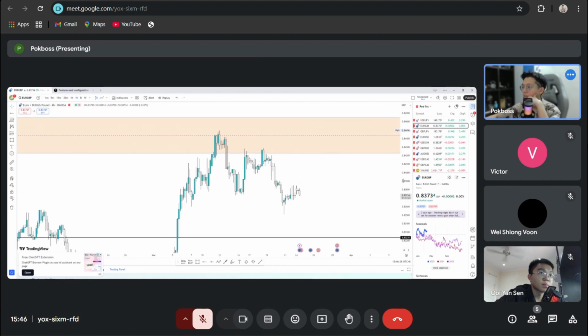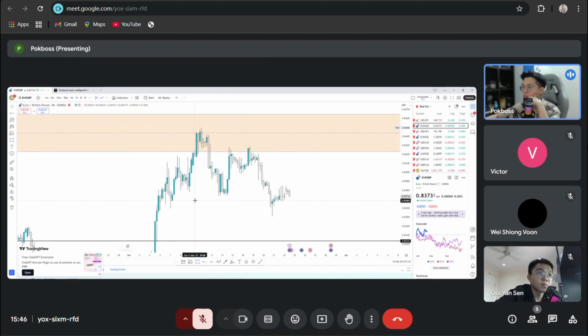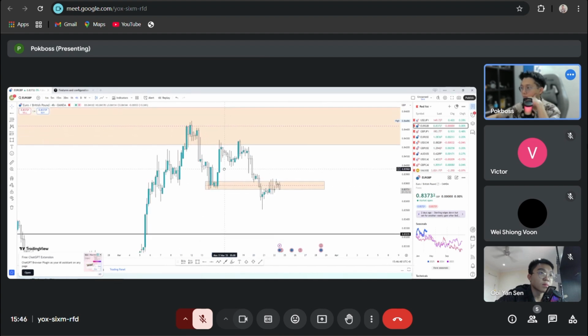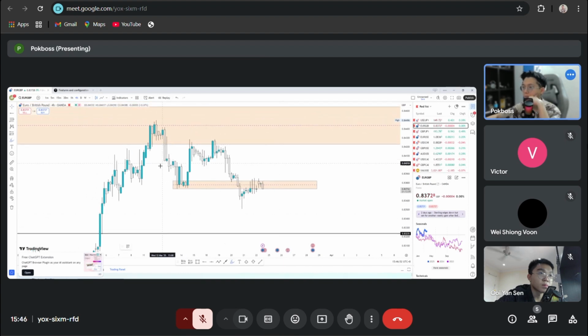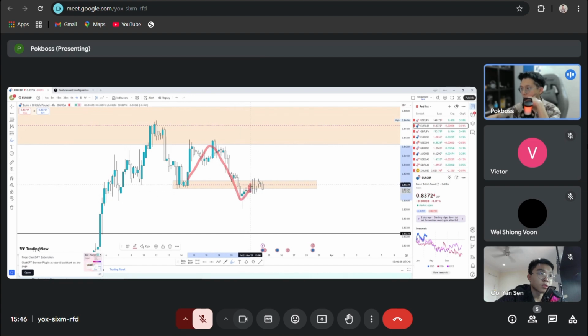We analyze that here is the strong resistance zone. The price just broke up this zone, retested it and formed a doji already.